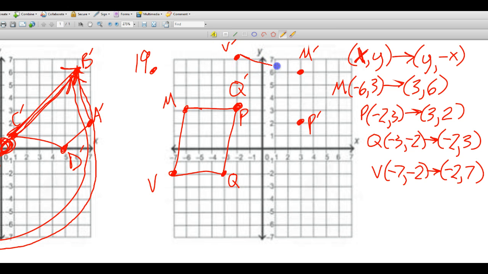And plot or connect your vertices of your image.